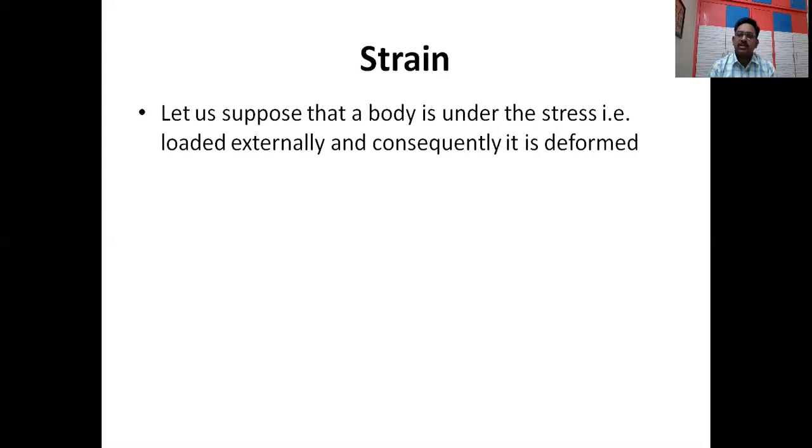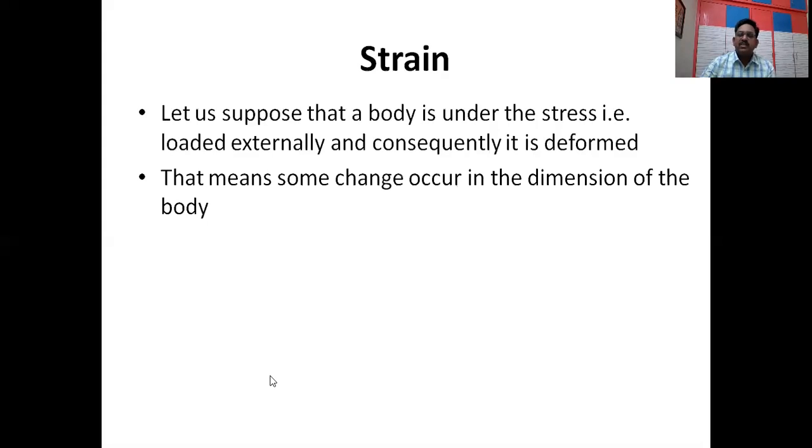And suppose that body is deformed, then there will be some change in the dimension of the body. For example, I have a rod and I have applied a tensile stress. Then its length will be increased. That means its original length is different, and after applying load, the final length will be different. So there is a change in the dimension of the body.